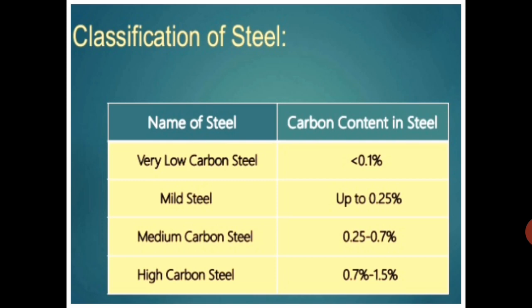And what is the meaning of high carbon steel? If the percentage of carbon content in steel is 0.7% to 1.5%, then we can call it high carbon steel. So this is the classification of steel.